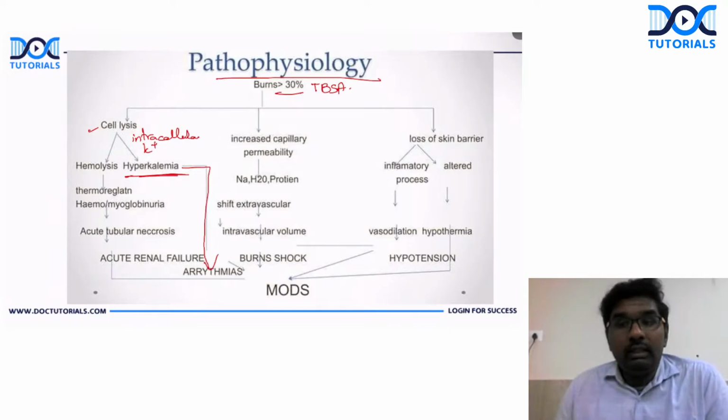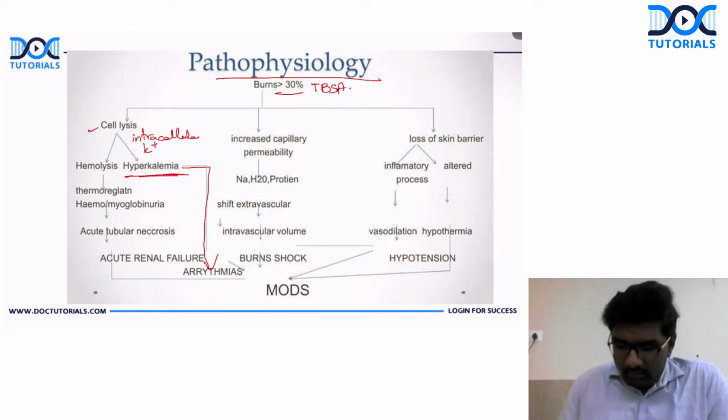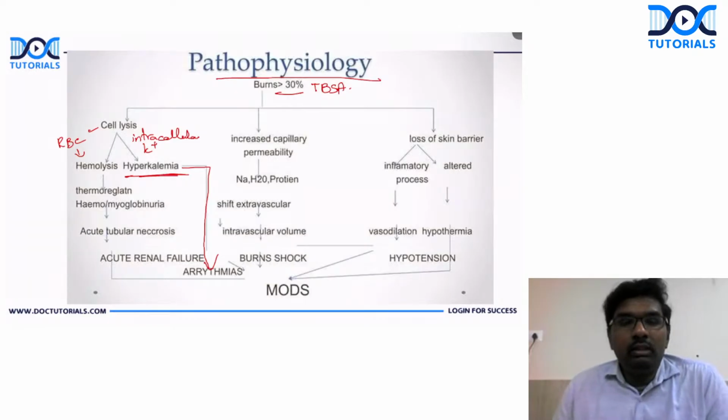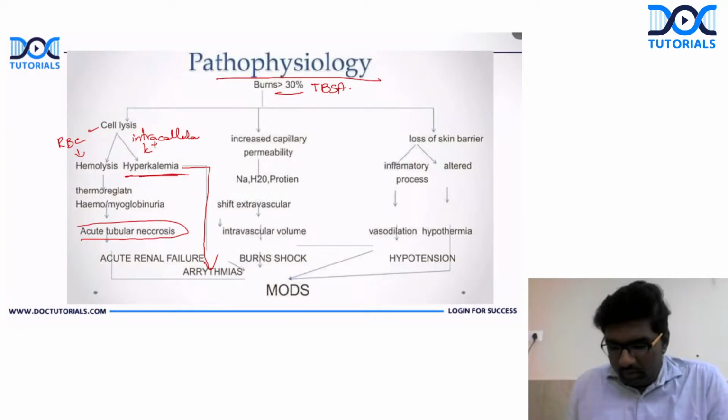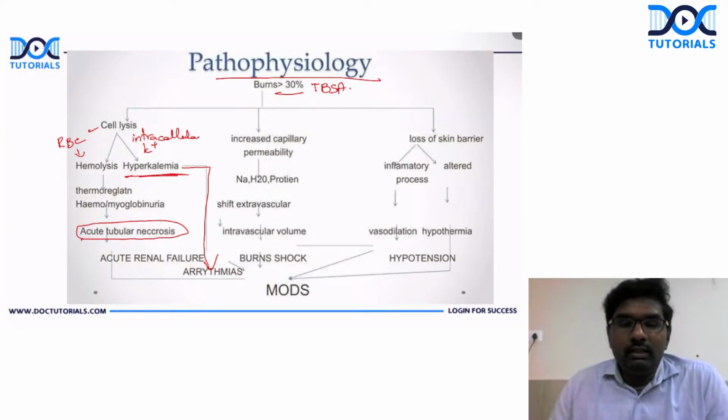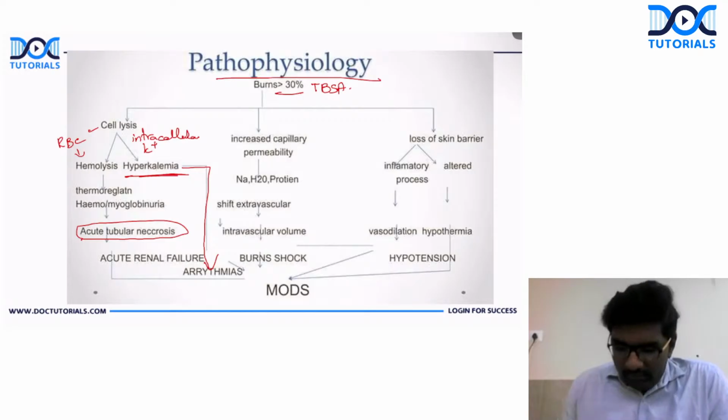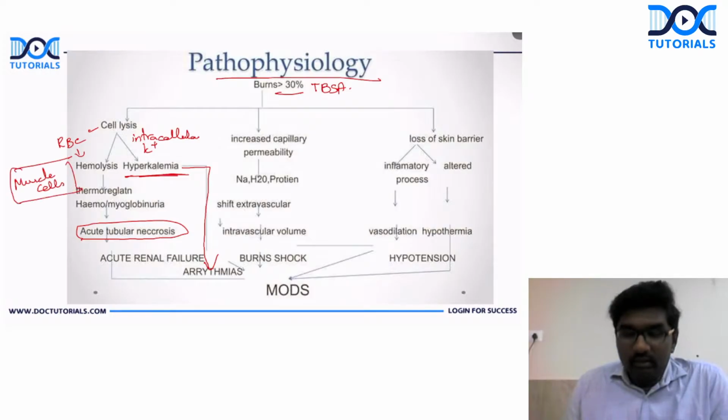And this cell lysis may be an RBC lysis, can cause hemolysis, and the hemoglobin that is released gets trapped in the nephron and can cause acute tubular necrosis. Also, when the muscle cells are damaged, they release myoglobin.